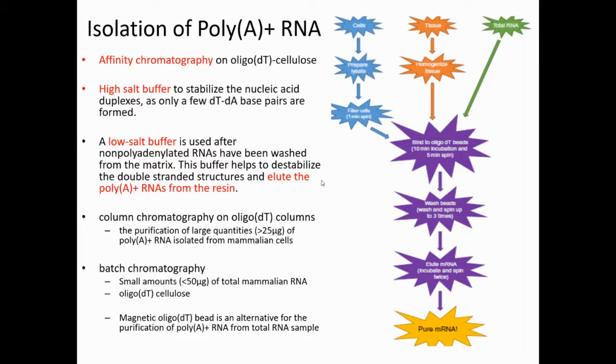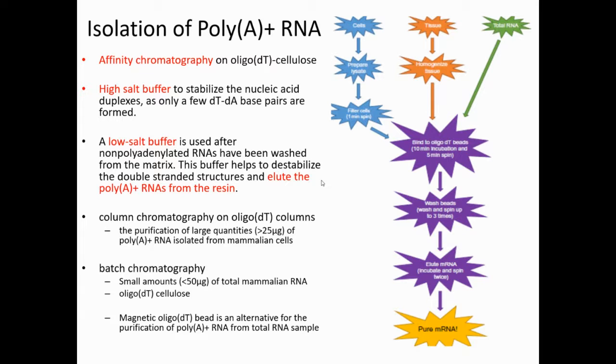So remember, in the eukaryotic cell, after the RNA is produced, it has to go through a maturation process. So you have to put the 5' cap and 3' poly A tail. So use this particular characteristic, and then you develop this technique used to isolate the poly A RNA directly.